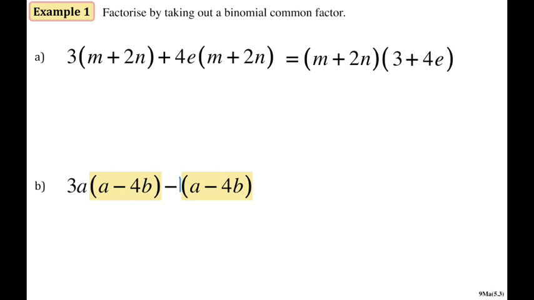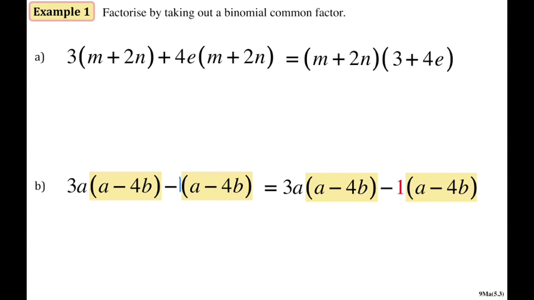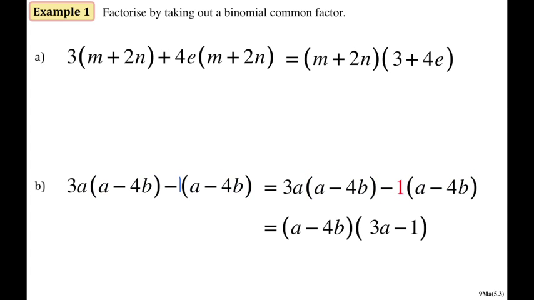So the common bracket is a take 4b. I've just rewritten the question with the 1 out the front here so we can see it. Common bracket a take 4b, so I write that down in a set of brackets. What goes in the remaining part, this bit here? 3a minus 1. And there's your answer.